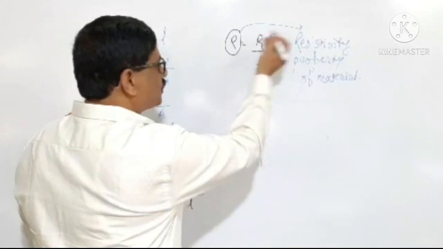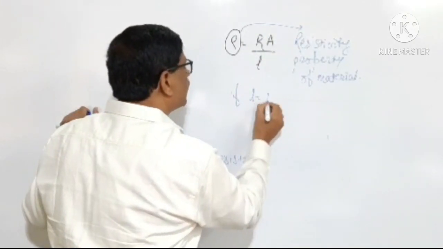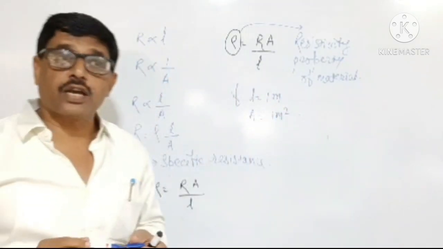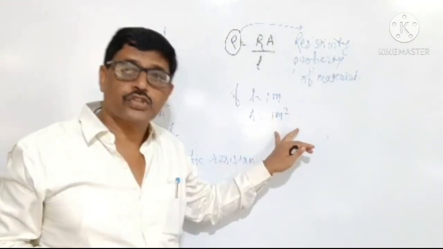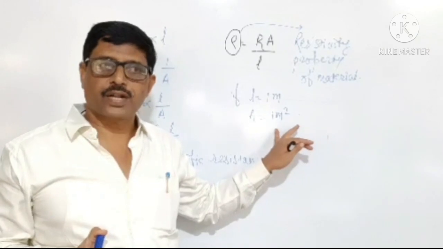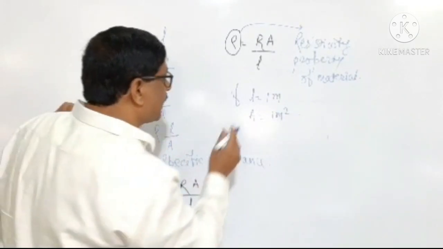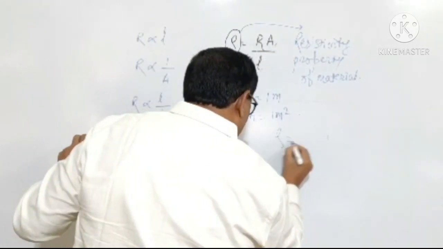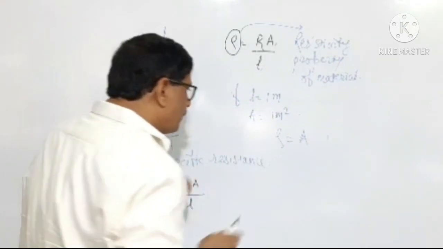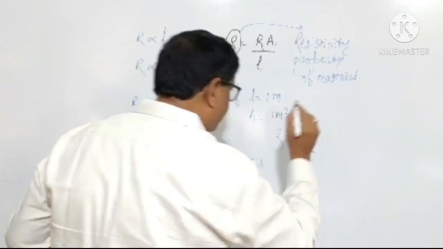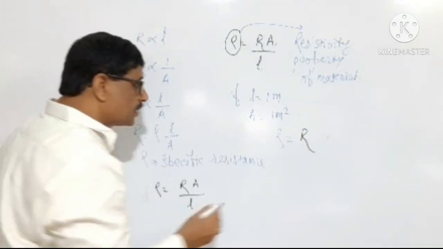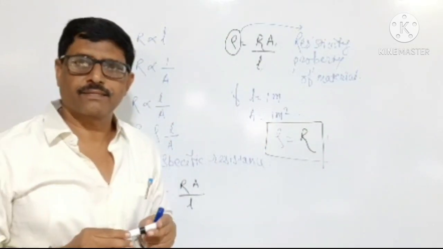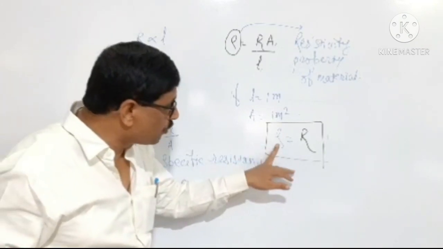If we go in a very simple way, if the length of the given conductor is 1 meter and the area of cross section of the conductor is 1 meter square, means for a conductor of unit length and unit cross sectional area, L is 1, A is 1, then rho is equal to R. This specific resistance is equal to resistance.